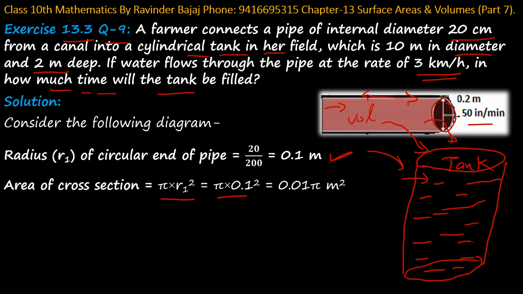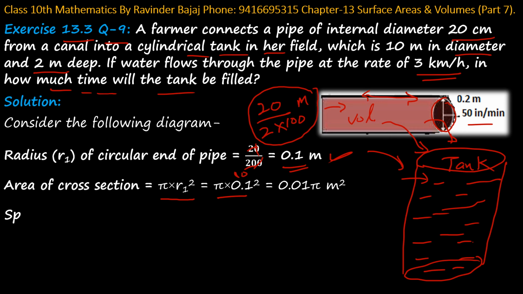Where is 0.1 coming from? 20 is the diameter, 20 upon 2 is the radius, multiplied by 1 upon 100, since it is in centimeter. Now it will become meter. We have converted it from centimeter to meter.